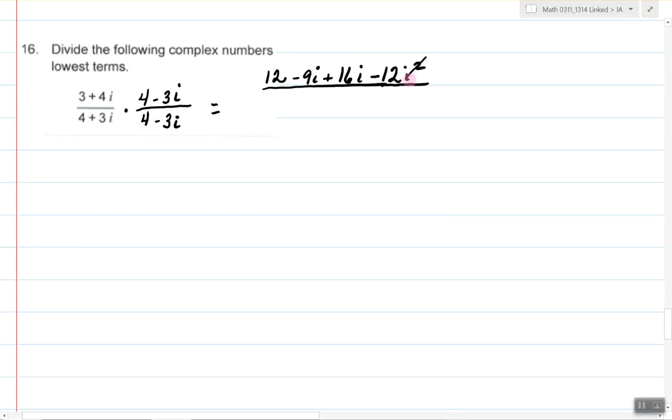We're going to get rid of the i squared, changing that to now plus 12. I'm going to go ahead and take another step on the numerator. Let's look at the real parts. 12 and now 12, for 24 is the real part. The imaginary, negative 9i, positive 16i, is going to give me plus 7i.